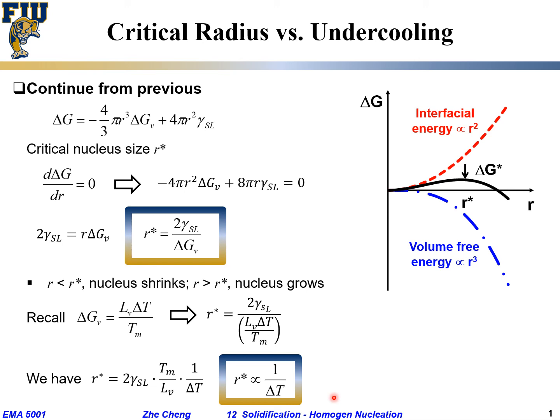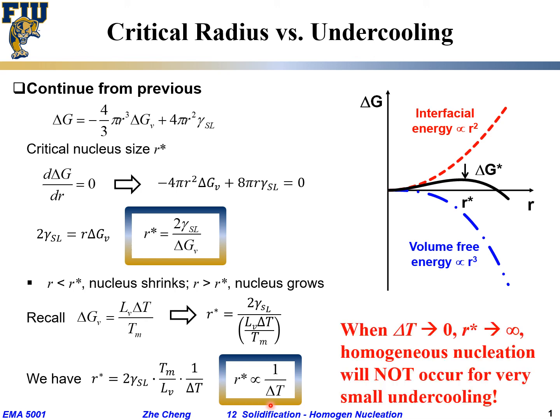On the other hand, when delta T becomes smaller and smaller, getting toward 0, which means we are getting closer to the melting temperature Tm, our r star becomes infinity. So the implication is, as delta T, the undercooling, goes toward 0, our r star, the critical size, goes toward infinity.